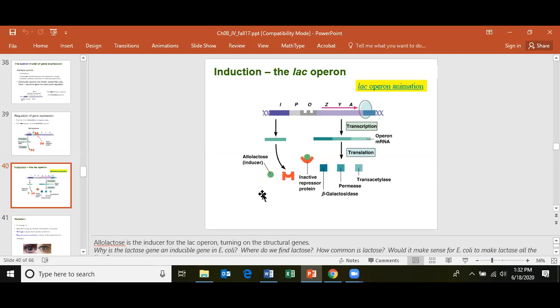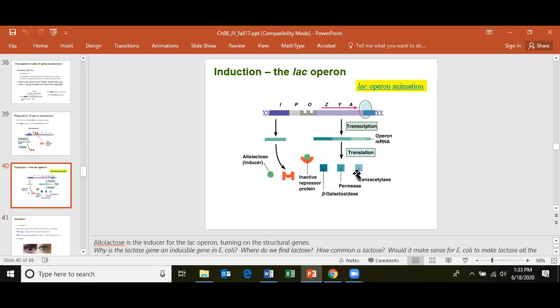Whenever the sugar lactose is around, allolactose is around, it will bind to the repressor protein, and so if it's bound to the operator, it'll fall off and then become inactive. And then the RNA polymerase can bind to the promoter, move past the operator, and then transcribe the structural genes, in which case we get the genes expressed in the lac operon.